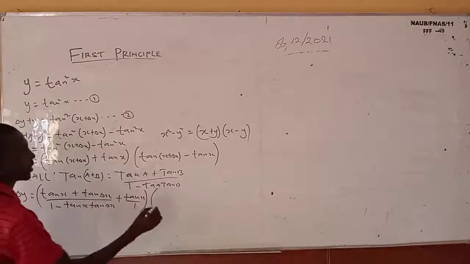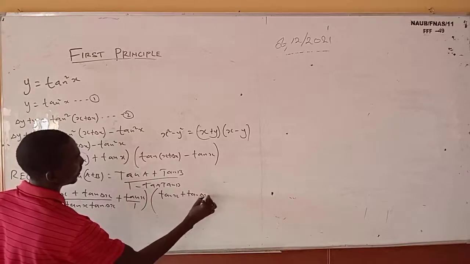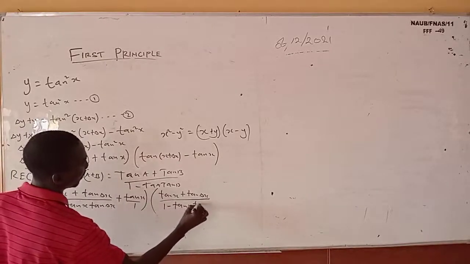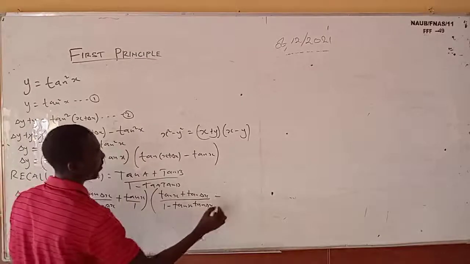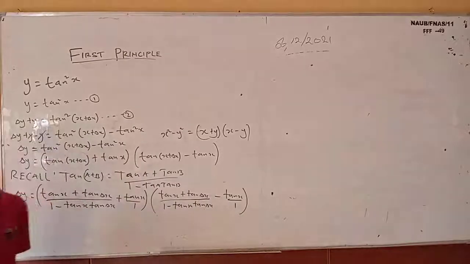Then you open this bracket again: tan s plus tan change in s all over 1 minus tan s tan change in s, minus tan s all over 1. I hope you get this.